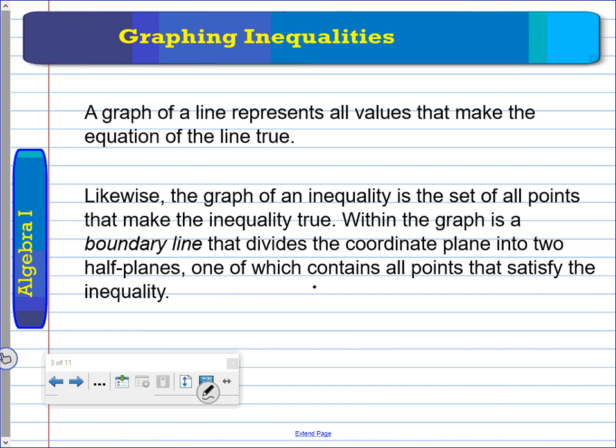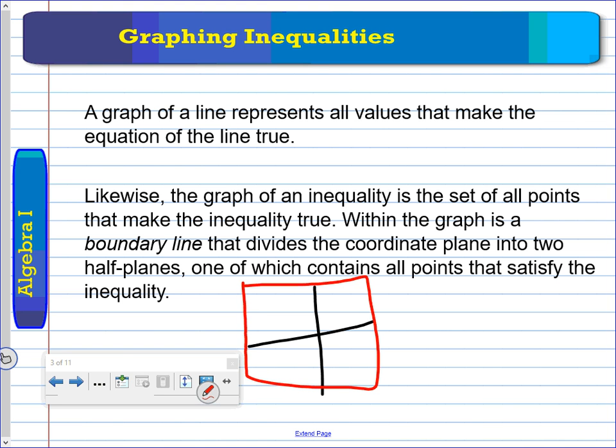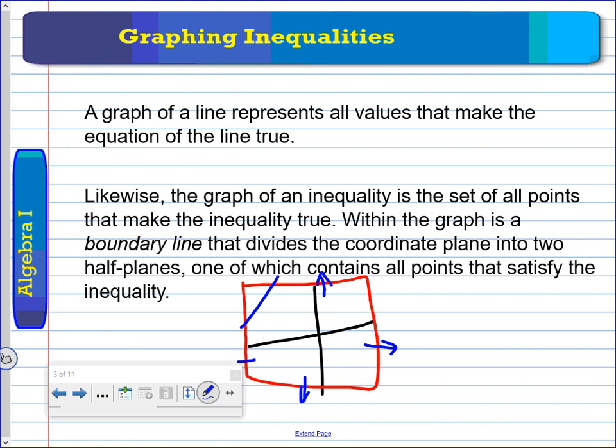And a quick note about a half plane. Here's our axes. Let's say we graph it, and maybe our graph's only this big on the page. If I graph some inequality boundary line, and it comes up here, you may not think that is half, but you have to remember that this coordinate plane goes forever in all directions. So it doesn't really matter where the line goes. It's going to be half.